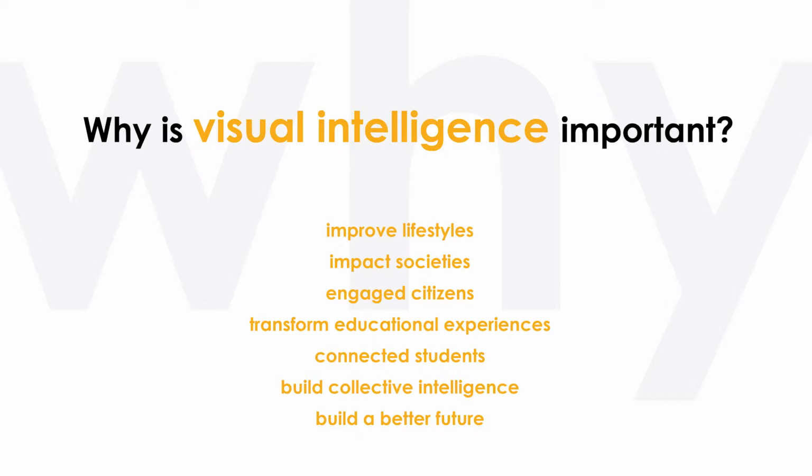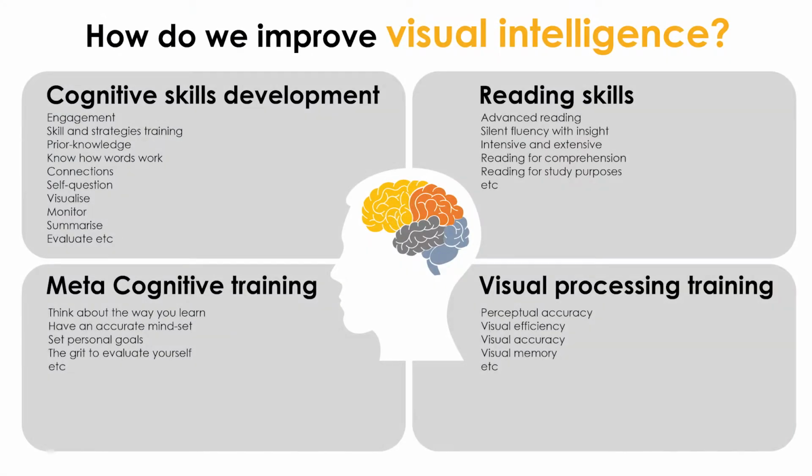Visual intelligence has to do with improving lifestyles, with changing the way that students interact with their curriculum, the way that we interact with information, so that our citizens become more engaged. And at the end of the day, we can build and train collective intelligence so that we can build a better future for our communities.